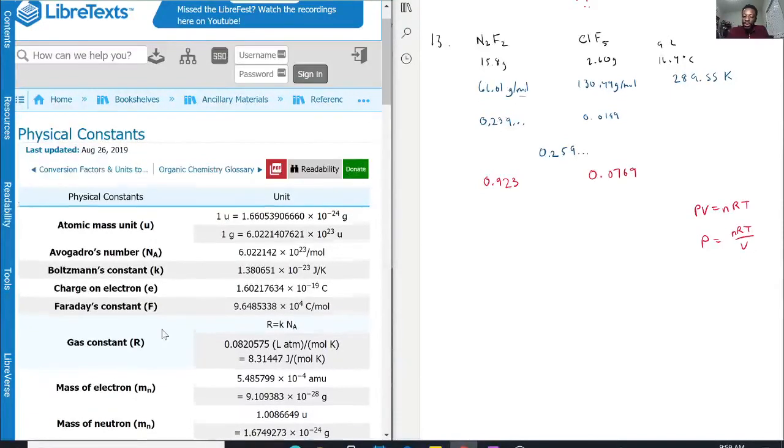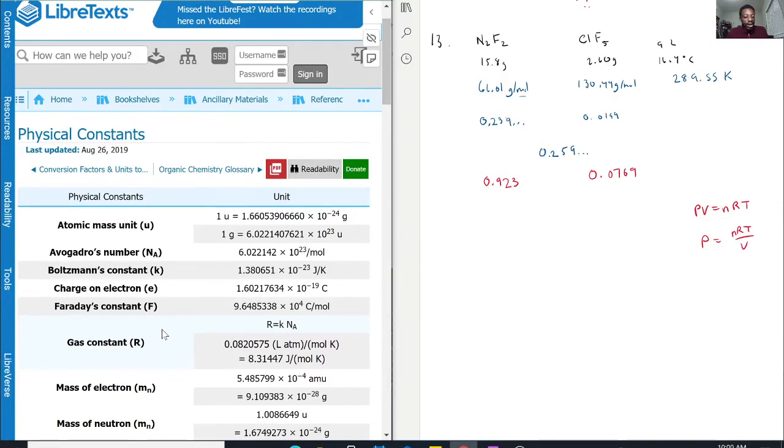So for each one, it's going to be n. We're not using the mole fraction, we're using the actual mole number, which is 0.239 for the N2F2. So that times 0.0820575, just to make sure I have that correct. Yep.